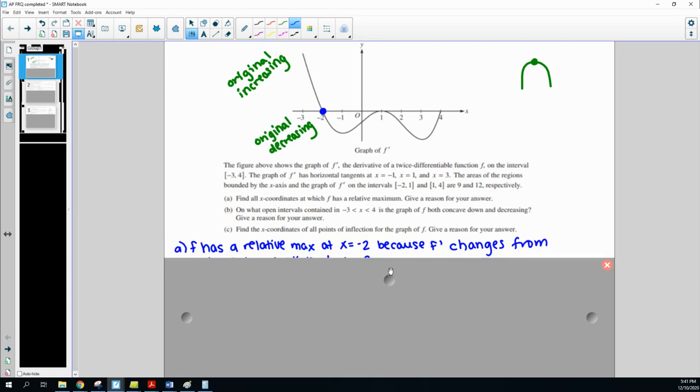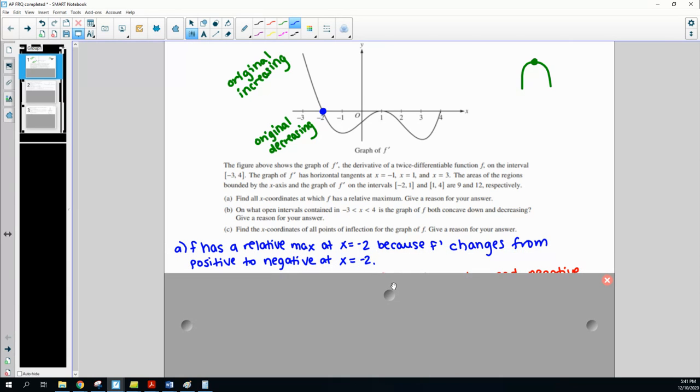I pre-wrote these answers out because you don't want to watch me write out all these words. So f has a relative max at x equals -2 because f prime changes from positive to negative at x equals -2. That's giving a reason for our answer. When we're writing our answers, we want to write little sentences that explain how we know the answer is what it is.